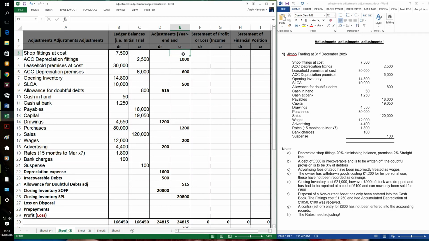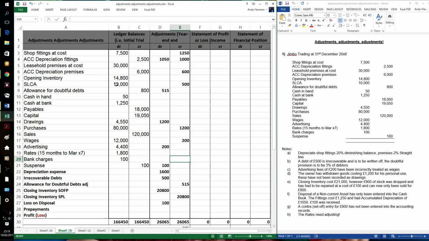So nobody likes doing a T account for disposals, but we would have credited shop fittings and then debited it with the asset, and then we would have credited it having debited accumulated depreciation of the associated accumulated depreciation. And then we've already worked out we made a loss of 100, but that doesn't balance. 1050, 1150 doesn't balance, so that might explain our suspense account, and in fact it nicely clears it.